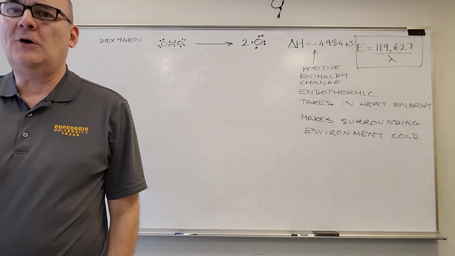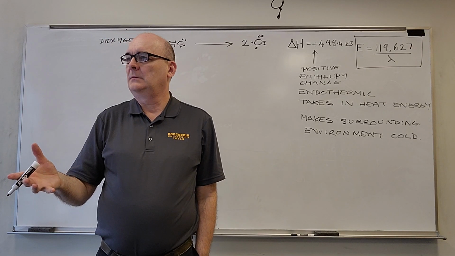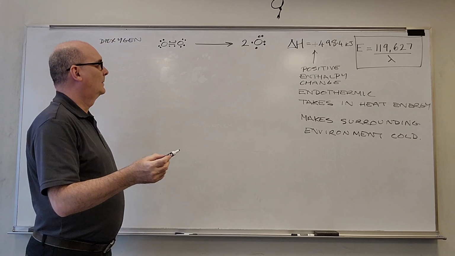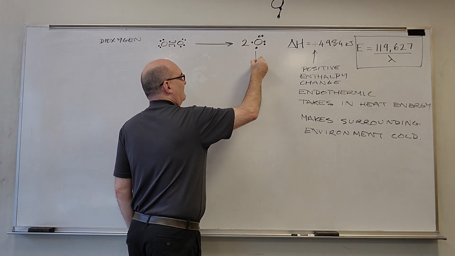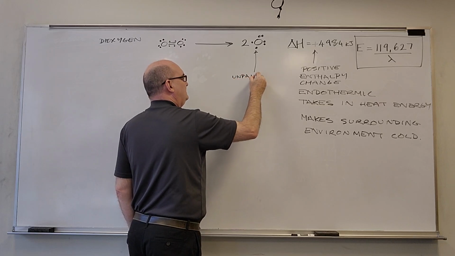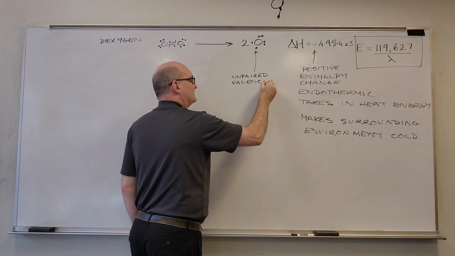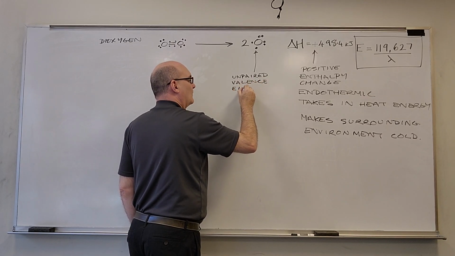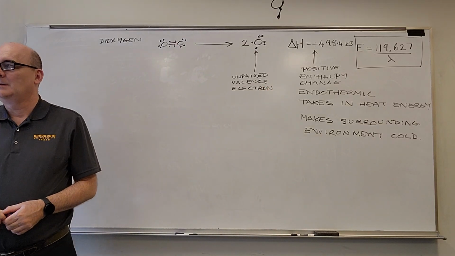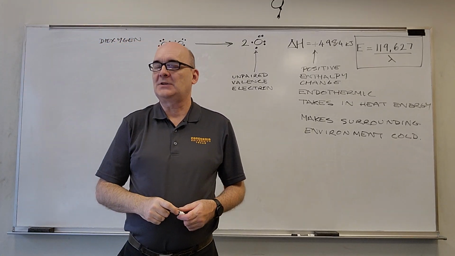We don't see oxygen atoms at ground level because an oxygen atom has 2 unpaired valence electrons.